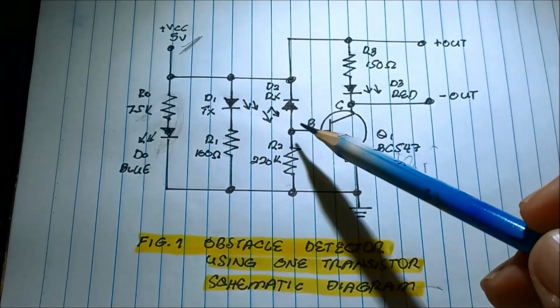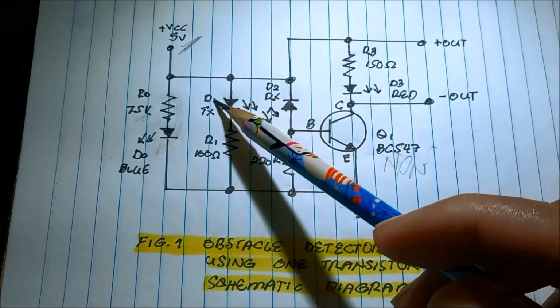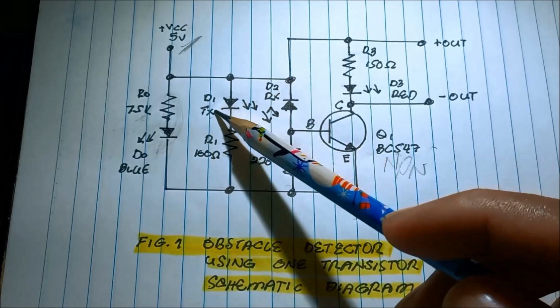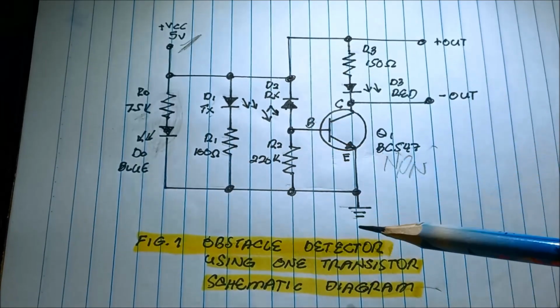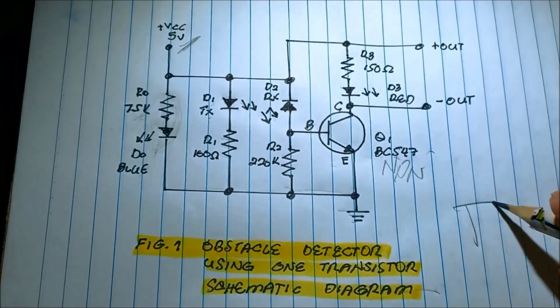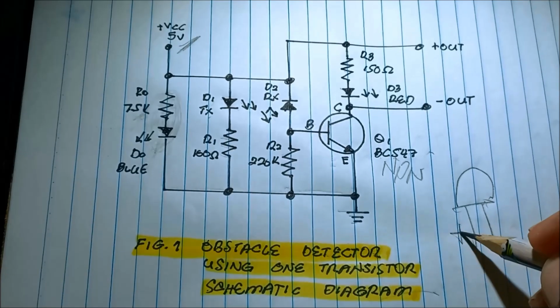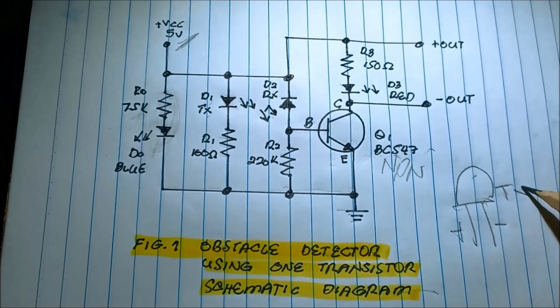Let us now see the operation of the circuit. So D1 is the transmitter, or we call that LED infrared transmitter or emitter. This LED, the transmitter, has an anode and cathode, and this is TX or emitter.